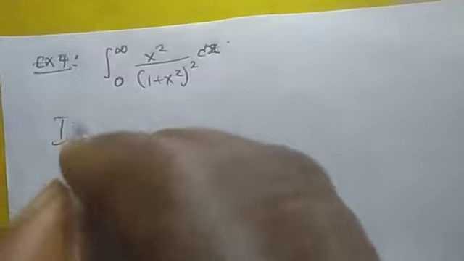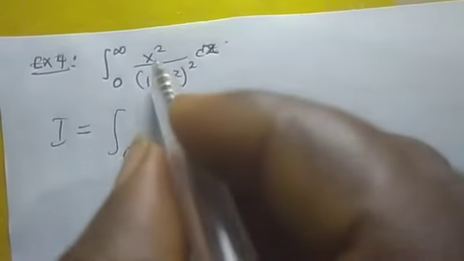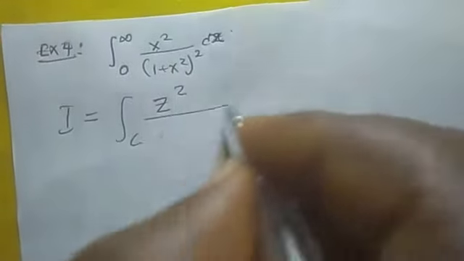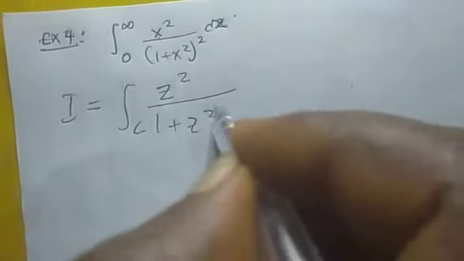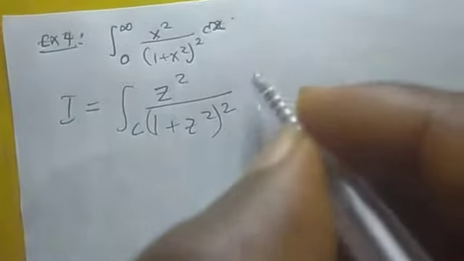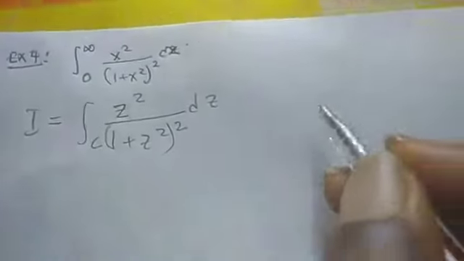For this one, anywhere you see x, we change it to z. So this will be z squared over (1 plus z squared) all squared, dz.